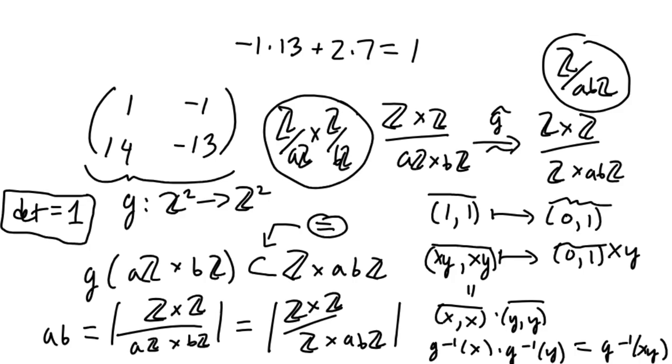It's a ring isomorphism. We'll just take that for granted for now. But one thing we have to check is to make sure that the image of this is really included in there.